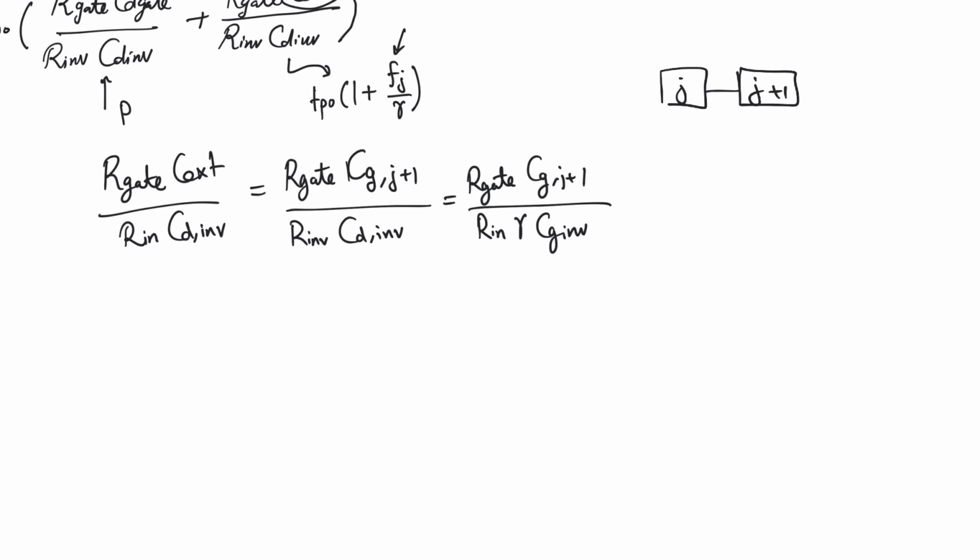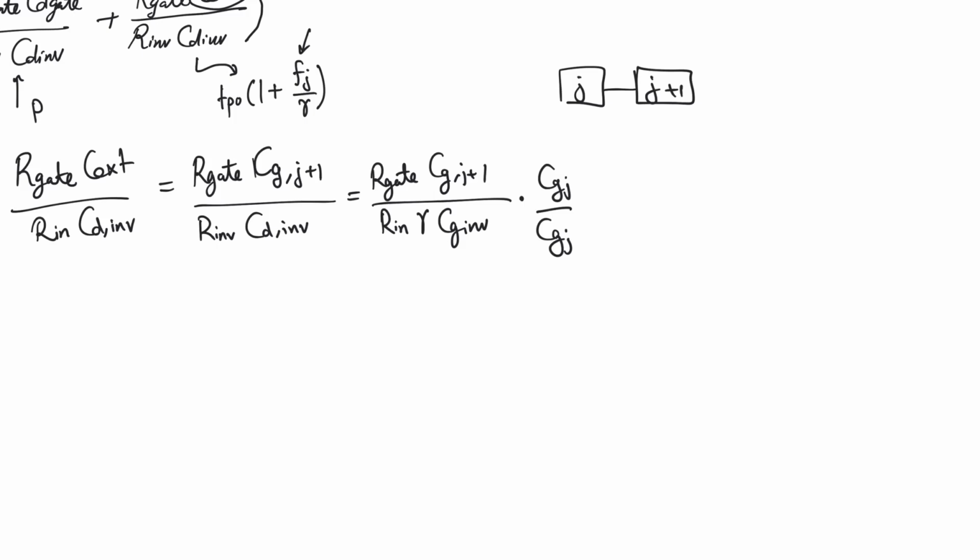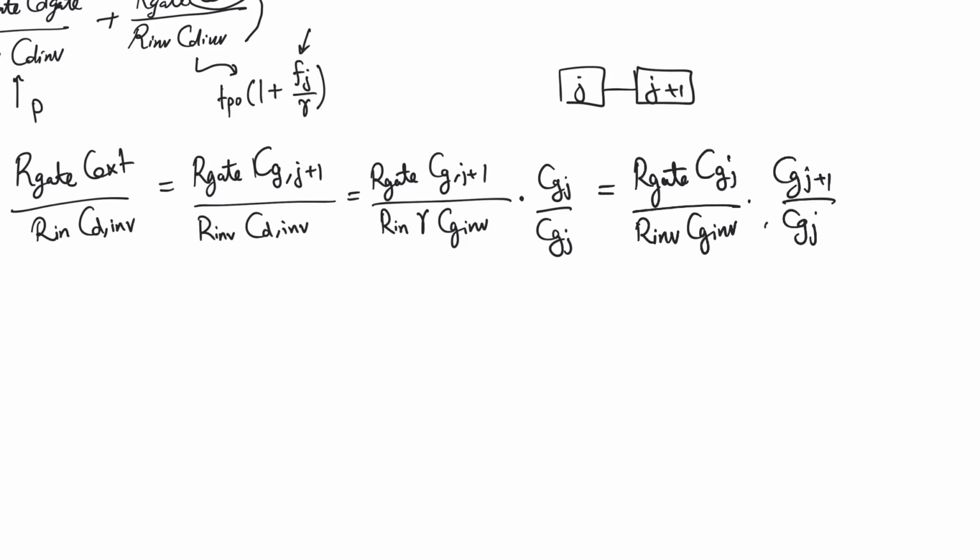We don't have it, so we just shoehorn it in by multiplying and dividing by C gate J. When we do this, we end up with R gate times C gate J divided by R inverter times C gate inverter, and then C gate J plus 1 over C gate J, over gamma.